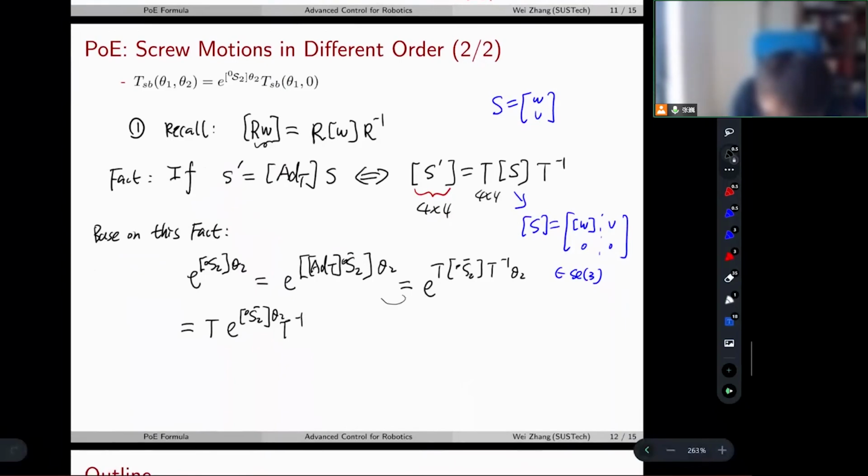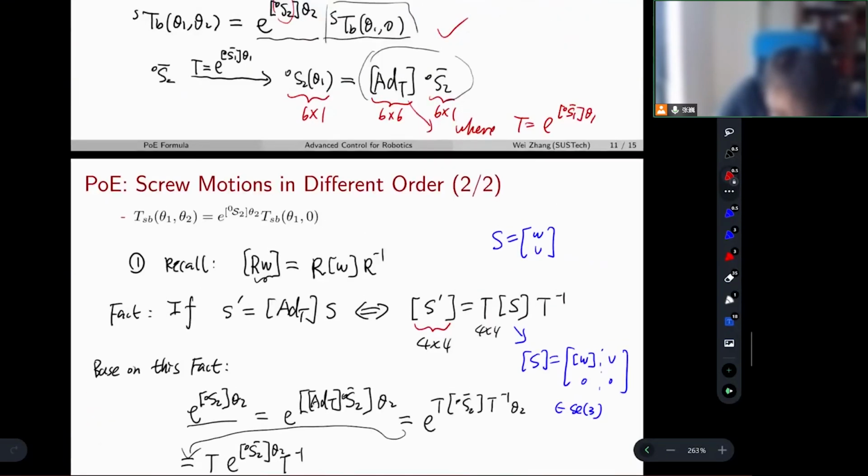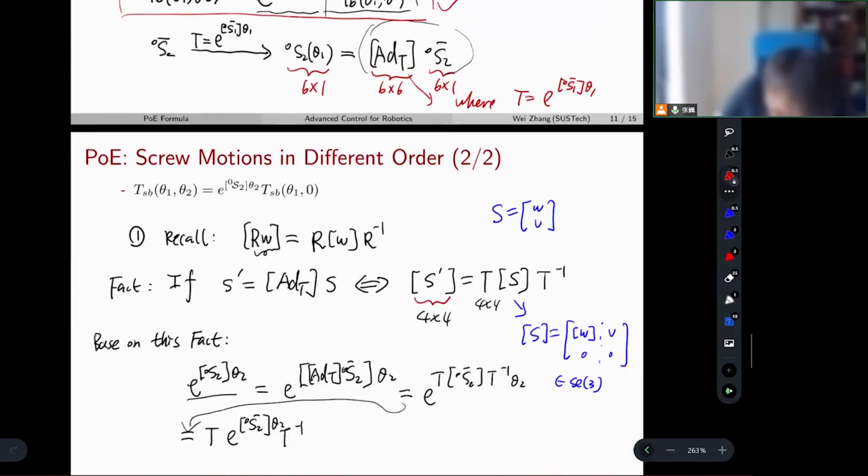So is the last step okay to you or not? It's okay to me. This is due to the property of the matrix exponential, right? We have seen this several times already. So by this equation, we can say this one is correct. Then we just plug in our result.